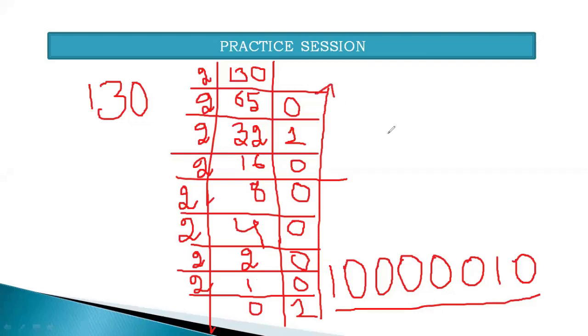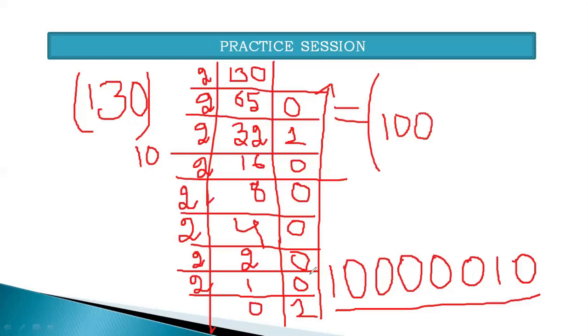Let's write it first. So 130, which is a decimal number, is equivalent to 1, then 0, then 0, 0, 0, and now finally the fifth 0.